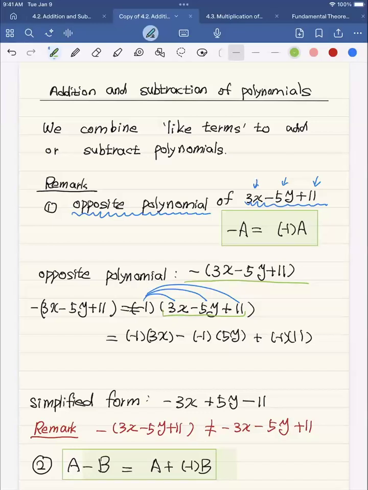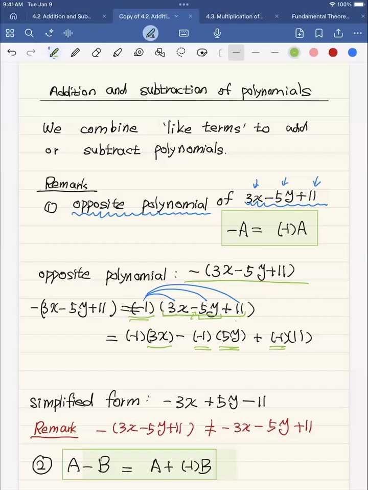So -1 is applied to 3x, the first term, minus -1 is multiplied to 5y, the second term, and -1 is multiplied to 11.